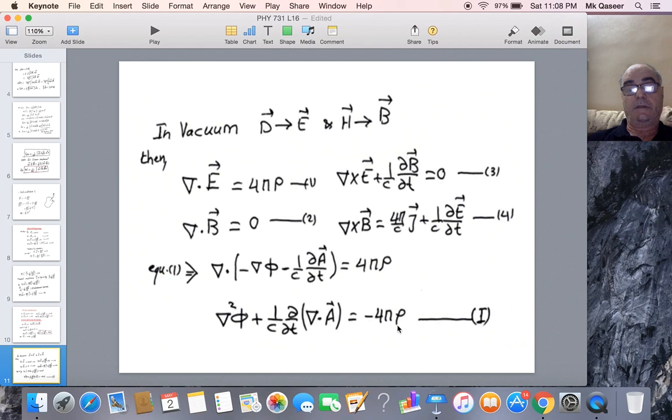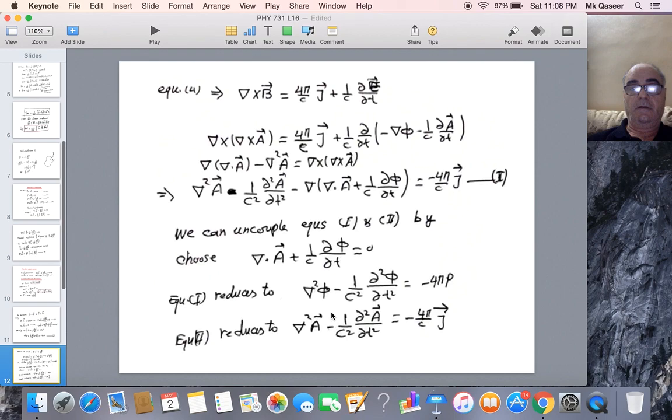So we get this equation in terms of phi and A. And when using equation number 4 of curl B, instead of B we put curl A, and instead of E we put minus the gradient phi minus 1 over c ∂A/∂t, and use the identity that the curl of curl is the gradient of divergence minus the Laplacian. So we get this equation. This is equation number 2.